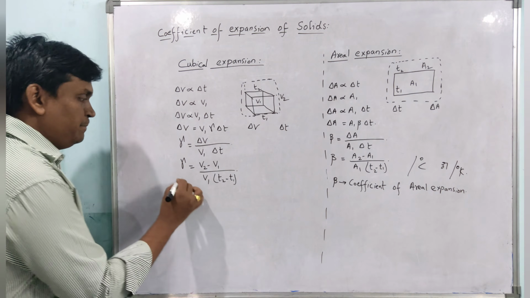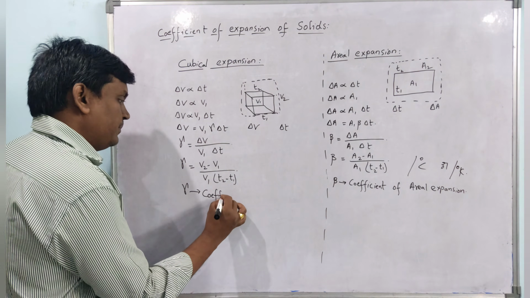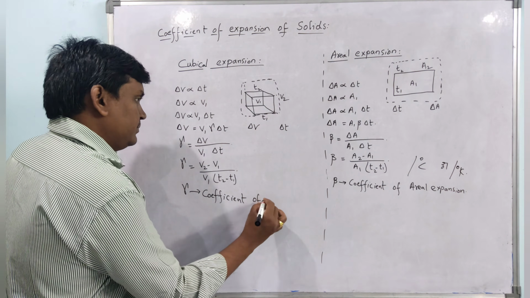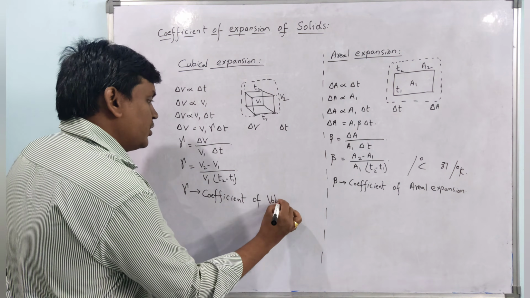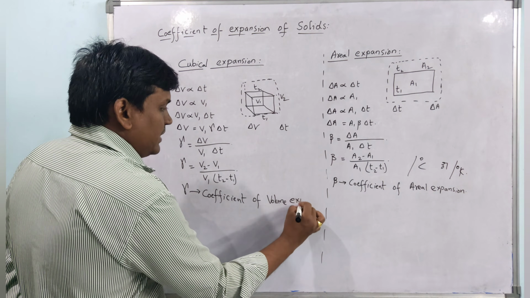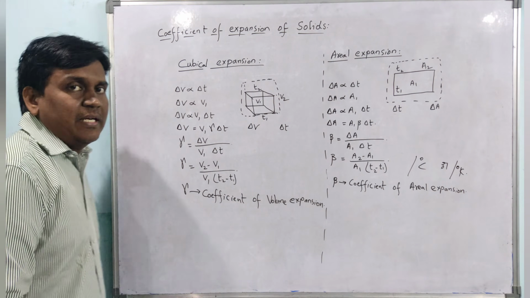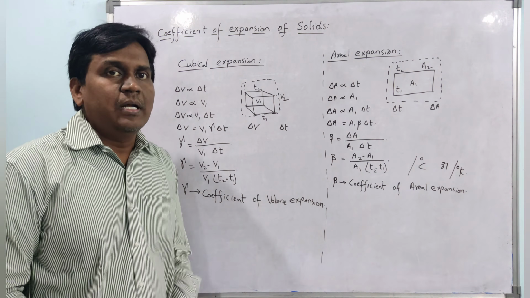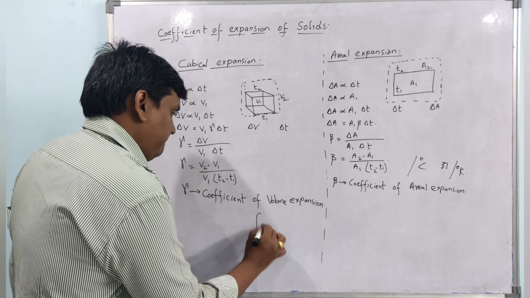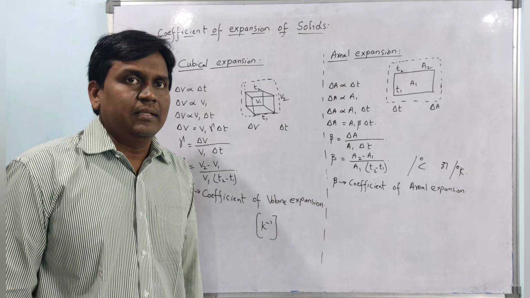So this is gamma, and this gamma is called the coefficient of volume expansion or cubical expansion. And the units are the same, that is per degree Celsius or per degree Kelvin. And the dimensional formula is K inverse in square brackets.